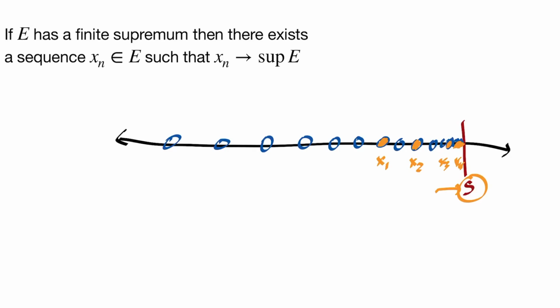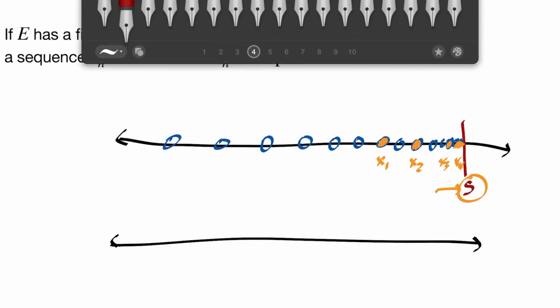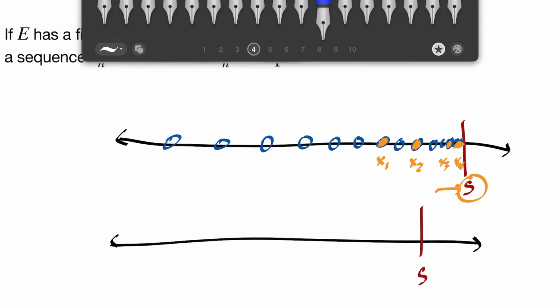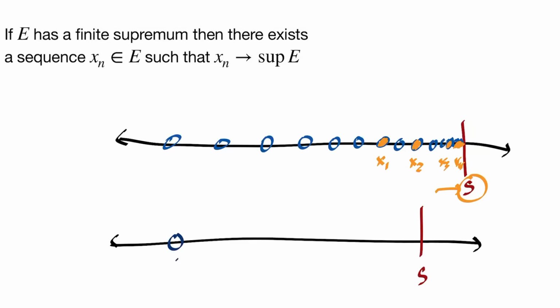Now, I want to make one quick observation, and that is, notice this theorem doesn't say that every xn has to be different. So if, for example, S is right here, and say set E is just the numbers 0, 1, and S, so suppose those are the only 3 points on our number line, then what sequence might you use?